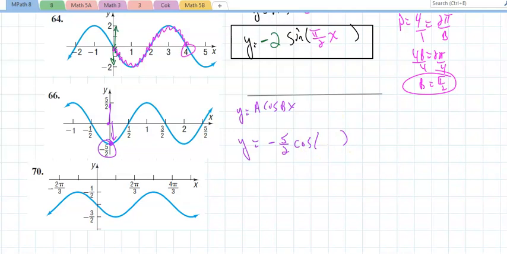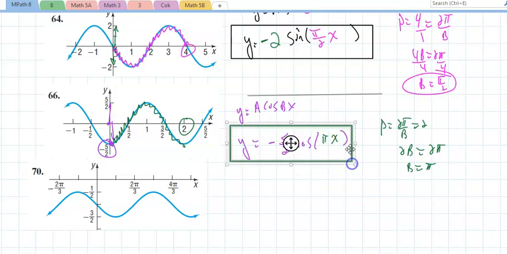And let's see, a period is really 2 units. The period is 2 pi divided by b, and that's 2 units. If you cross multiply, divide by 2, there it is. A bit awkward in the beginning, but when you do a few of those, you'll notice how that works.